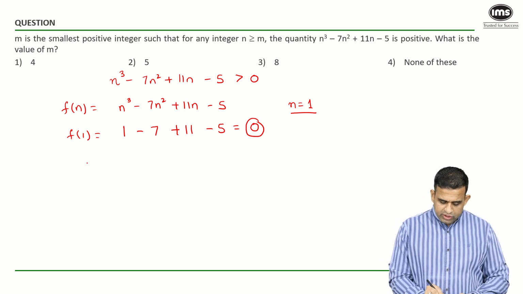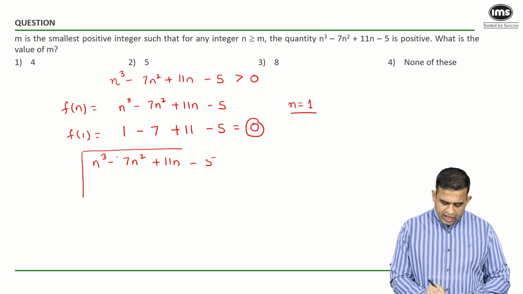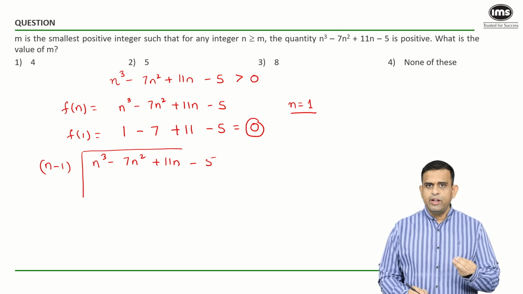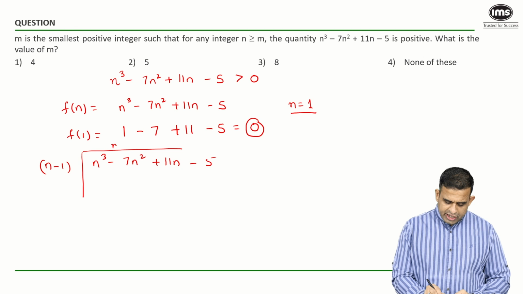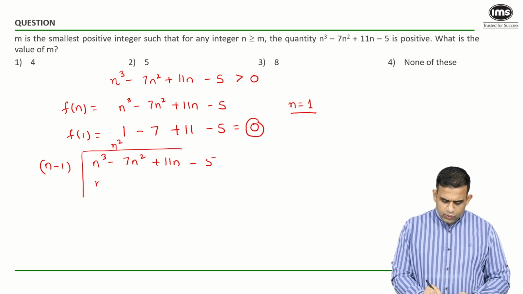So we can write down n cube minus 7n square plus 11n minus 5, and let's say we try to divide this by n minus 1. Now what will you multiply in the term n to reach n cube? The simple answer happens to be n square. So I will multiply n minus 1 with n square, and that will give you n cube minus n square.